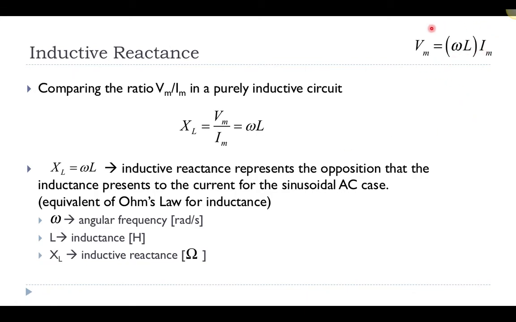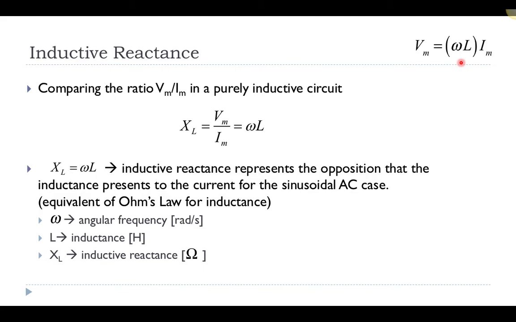So I have this expression up here for the voltage, and I realize that it looks very similar to Ohm's law, V equals IR. So the term in parentheses has to have the same units as resistance, because if V equals IR and R has units of ohms, then the angular frequency times the inductance also has to have units of ohms. Resistance in a circuit represents how much that component resists the flow of electricity.